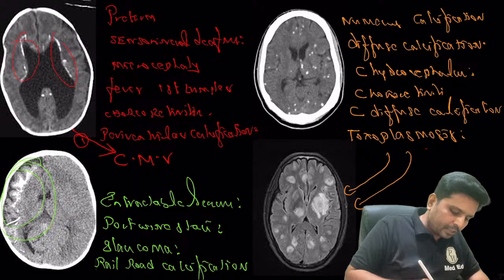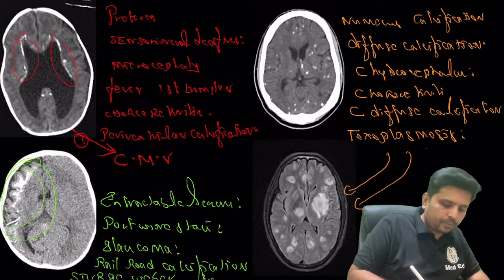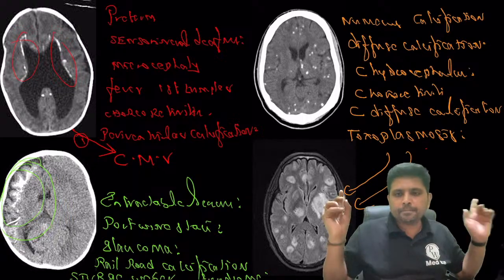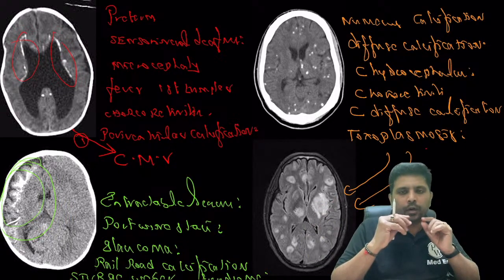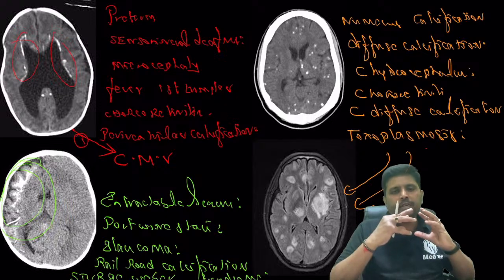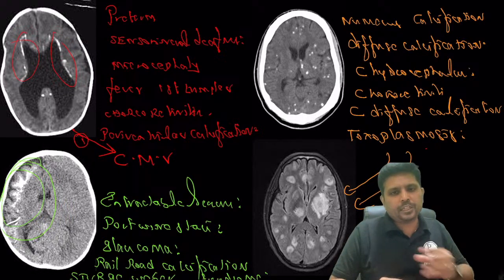What is this? This is nothing but, as you all know, Sturge-Weber syndrome. Good. So, diffuse calcification, periventricular calcification, intractable seizures along with the railroad calcification we had seen.